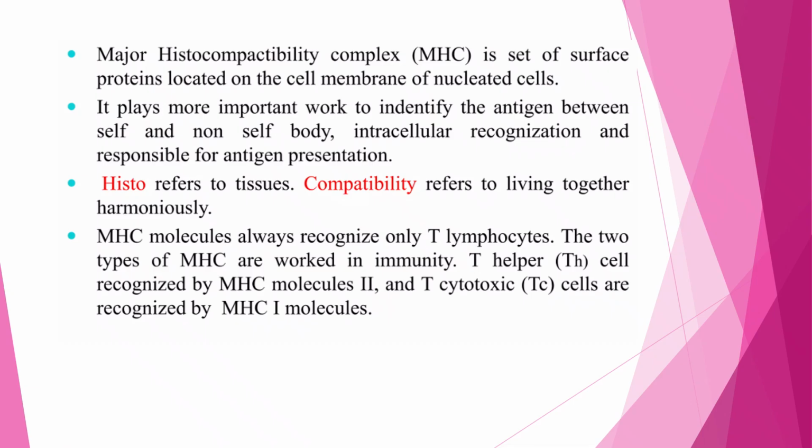MHC2 molecules will be working as a mediator. That means MHC2 molecule will come and bind with the antigen and it will get presented towards T helper cells. But if the antigen has to be recognized by the T cytotoxic cells, then which MHC will act as the mediator? MHC1 only will be acting as the mediator. So that difference you should understand.